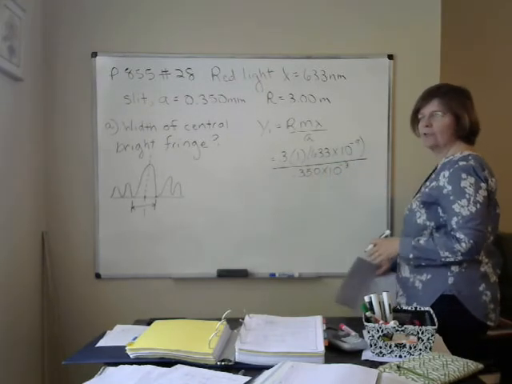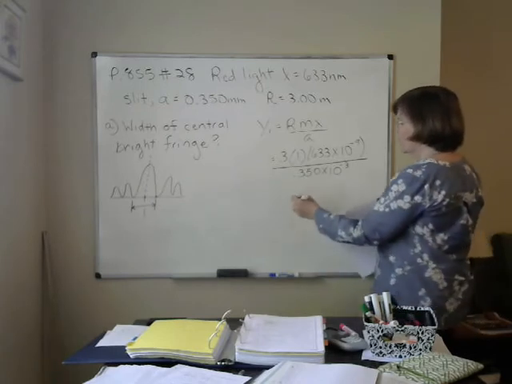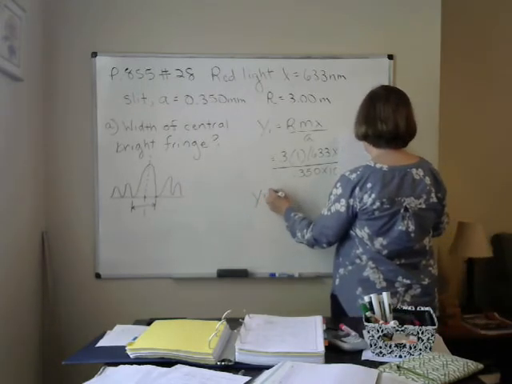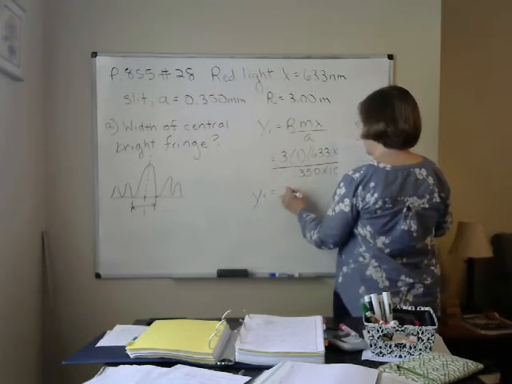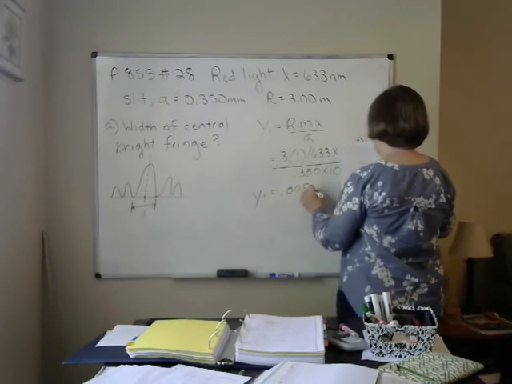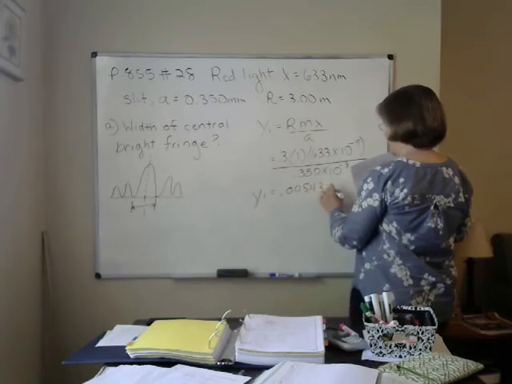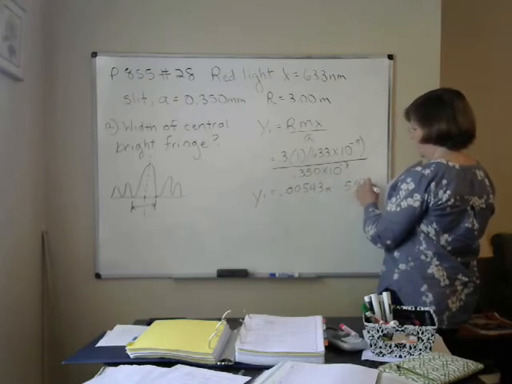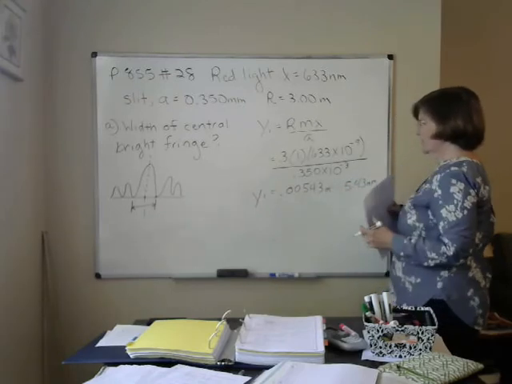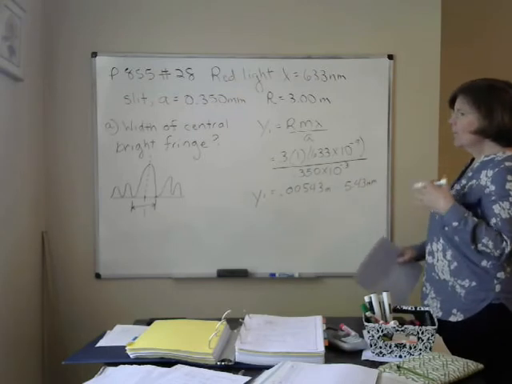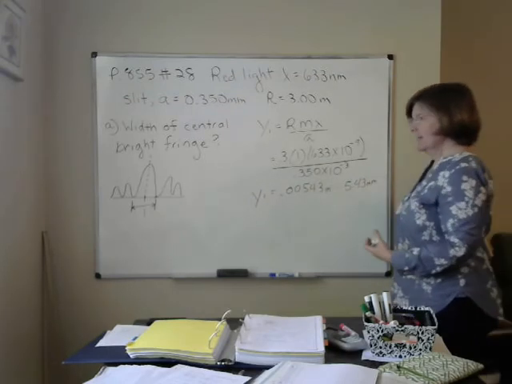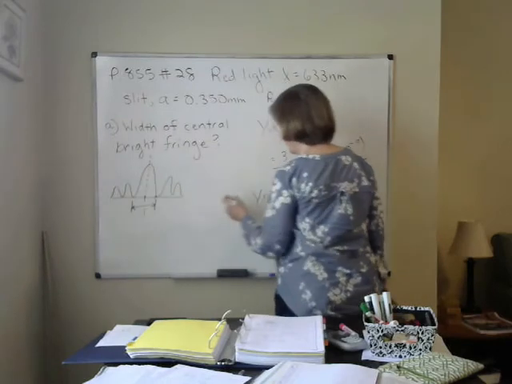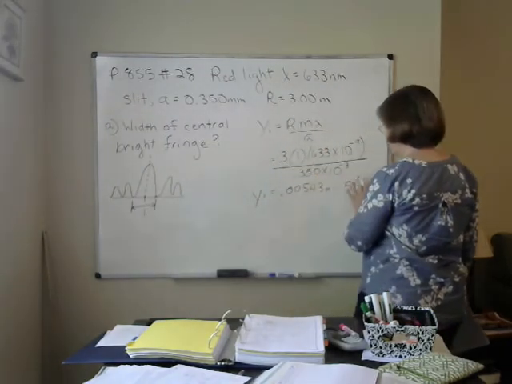So I've used my formula. Y1, when I punch in all the buttons, is 0.00543 meters, or 5.43 millimeters. The width is actually double that, because it's from Y1 to Y1. So the answer is going to be double that.